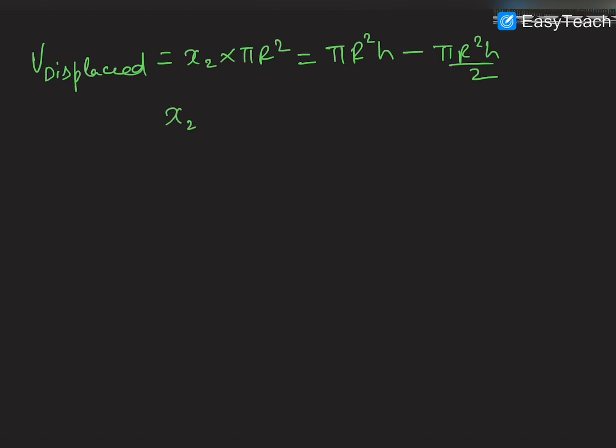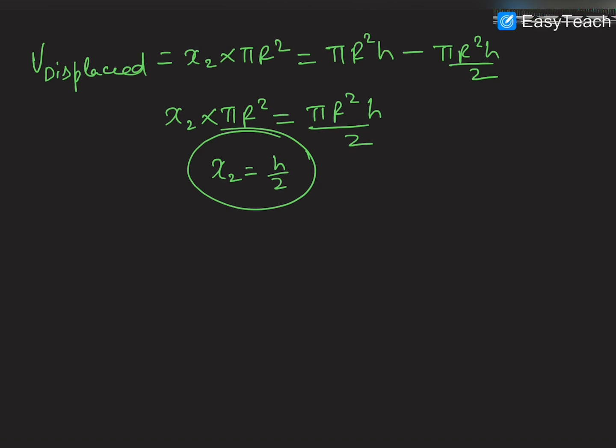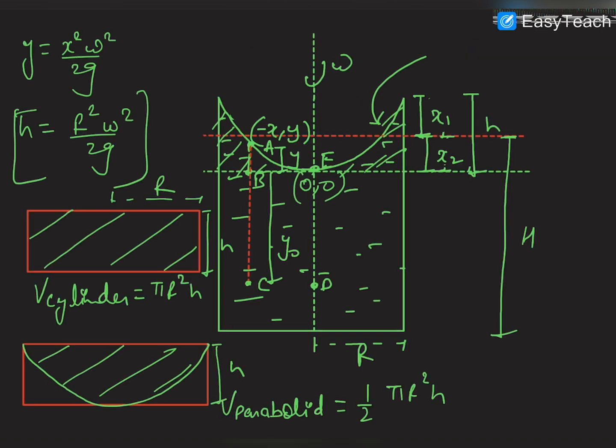So x2 into pi r square will be equal to pi r square h by 2, and hence you can see that x2 will be h by 2. And therefore we can see that x1 plus x2 is h.